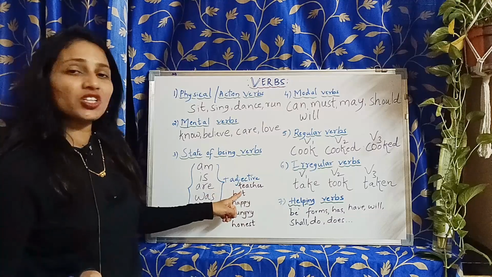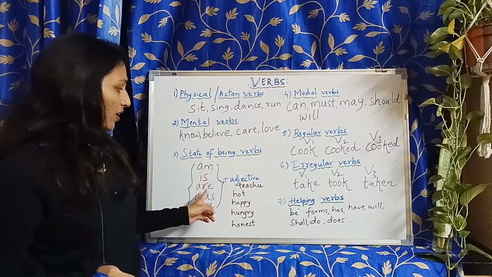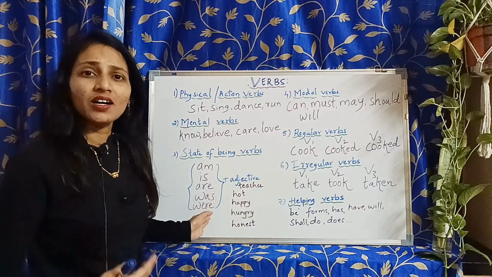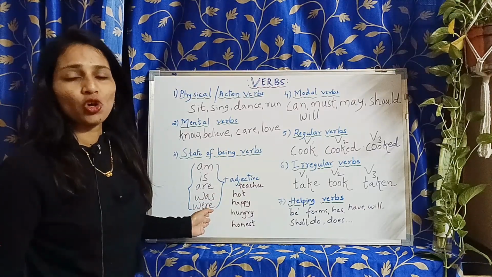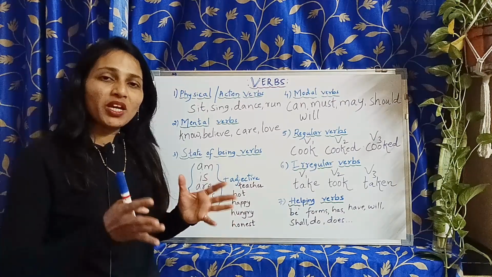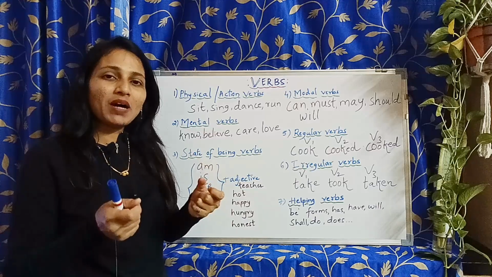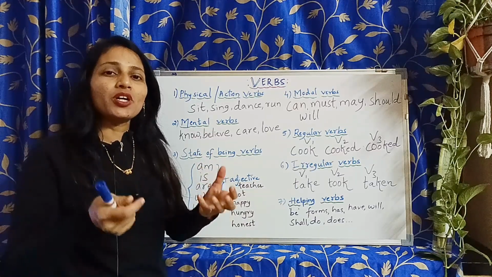I am a teacher. It is hot. They are happy. They are hungry. They were sad. They were joyful. These are state of being verbs. They speak about the situation or existence for a particular moment.